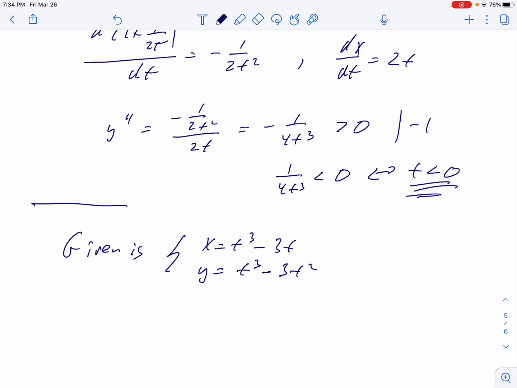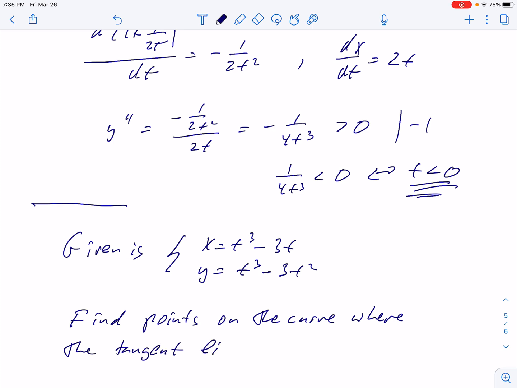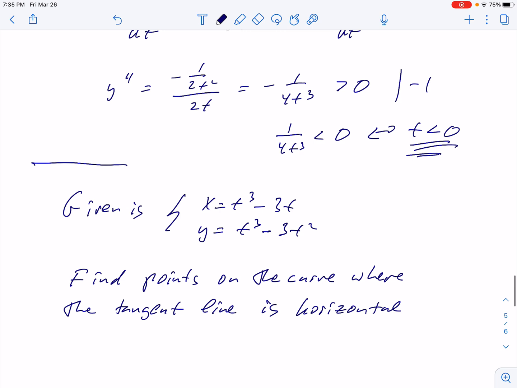And now the question is this. Find points on the curve where the tangent line is horizontal, or vertical.